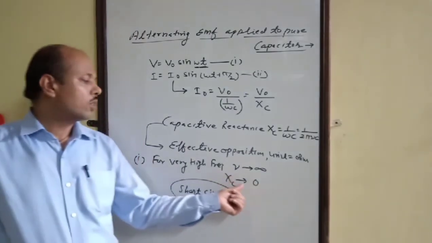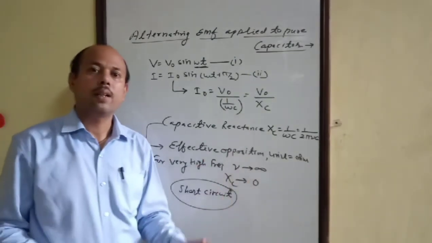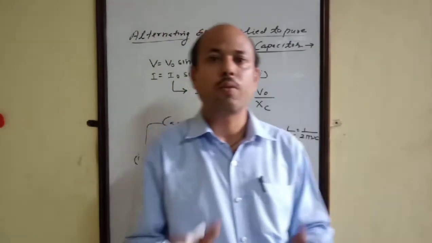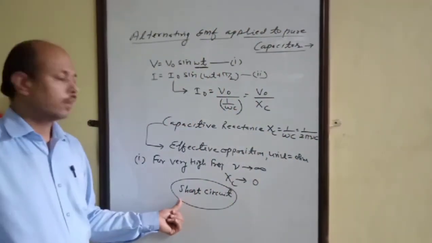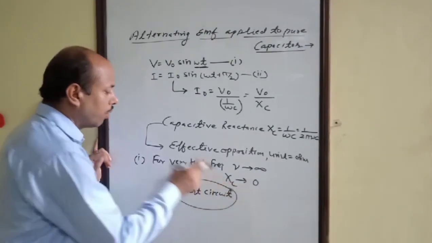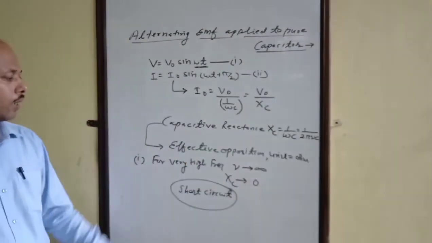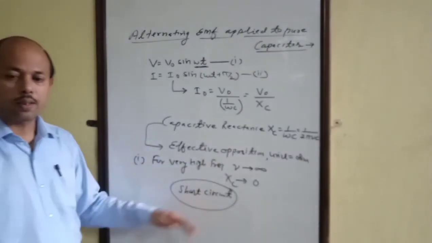Why short circuit? Because here effective opposition becomes 0, and we know very well that whenever effective resistance or effective opposition becomes 0, we say it becomes a short circuit. So at very high frequency, the capacitor will behave like a short circuit.